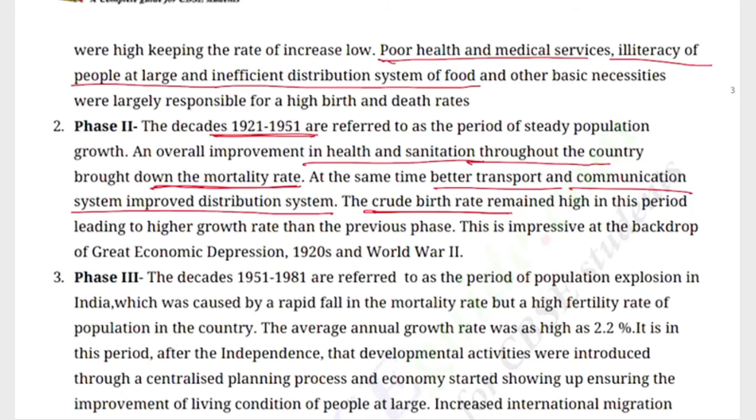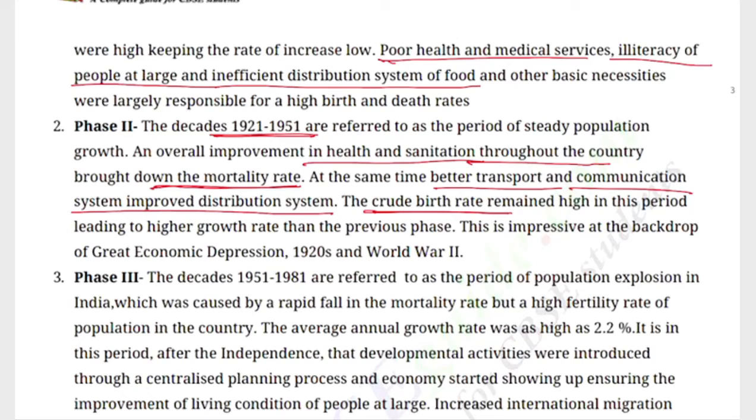This is impressive against the backdrop of the Great Economic Depression of the 1920s and World War II. मतलब there was some adverse situation during this period, because in the 1920s there was the Great Economic Depression, especially in the Western countries, and there was World War II.